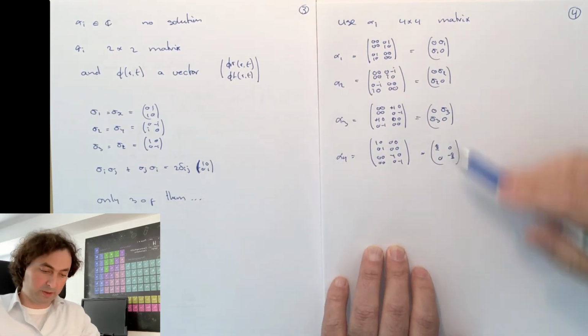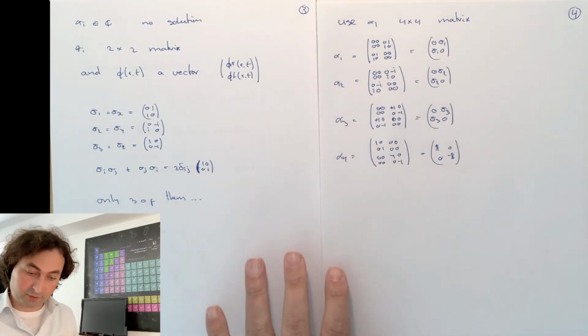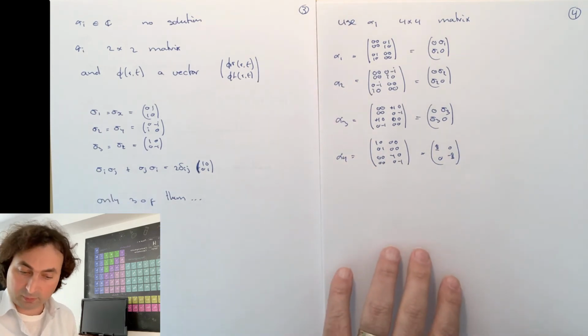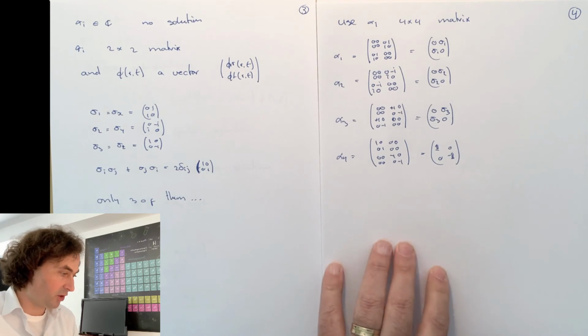And we now have 4 matrices that fulfill the condition that we needed to have, that sigma i sigma j plus sigma j sigma i is 2 delta ij.